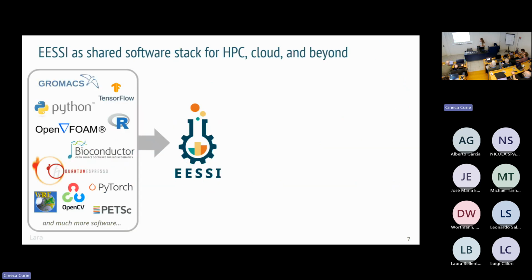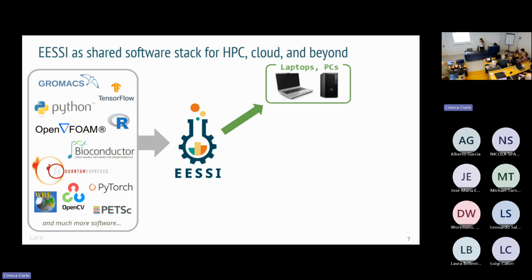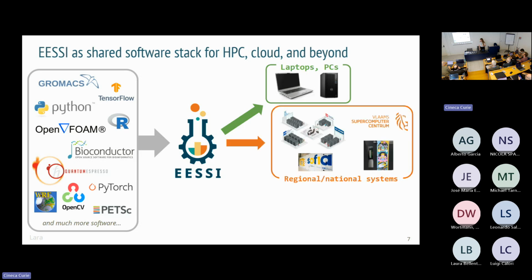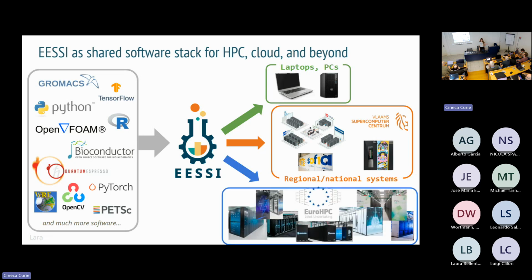So what does Easy look like in a nutshell? A bit of a visualization. We have Easy with a number of packages already available through it, like TensorFlow, OpenFOAM, PyTorch, Bioconductor, loads of stuff. Once you install it through CernVM-FS, you can start using all these packages on your laptop, on regional HPC sites such as those in Flanders, or on the EuroHPC sites where Easy is now available everywhere, or on the cloud.